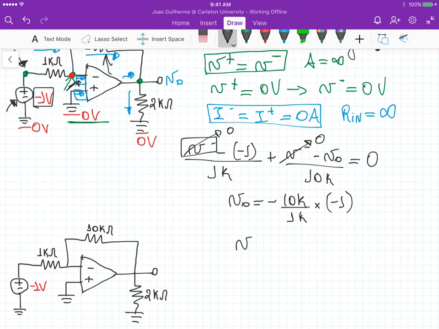Because the voltage transfer function, V out over Vi, is equal to minus R2 over R1. In our case we have Vi equal to minus 1, so this gives us minus 10 times minus 1, which gives us a V out equal to 10 volts.